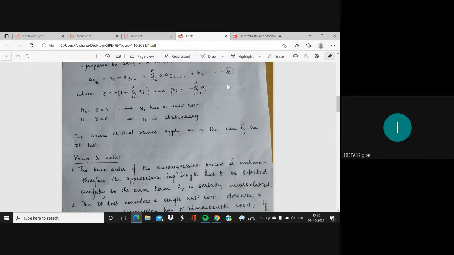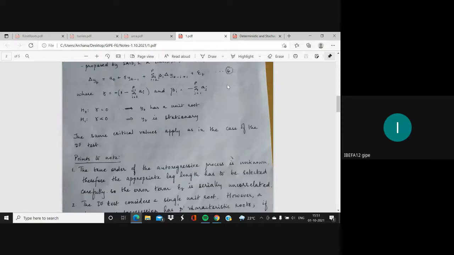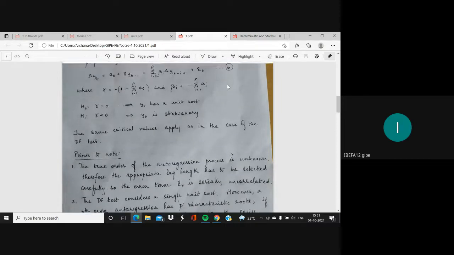So you can do that. It's recommended that you don't do it the other way around, which is that you keep increasing the lag by 1. Instead, include as long a lag length as possible and then keep reducing it by 1 based on the number of insignificant coefficients. So these are different ways to select the lag length for the ADF test.